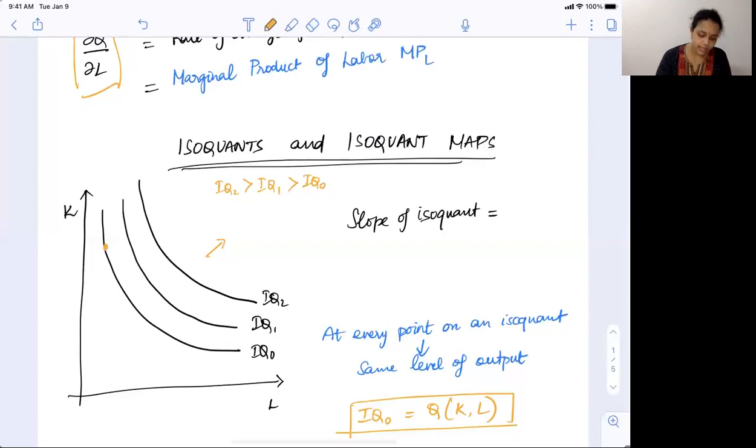Suppose I'm at a point, say A. I have a lot of capital here and very little labor.